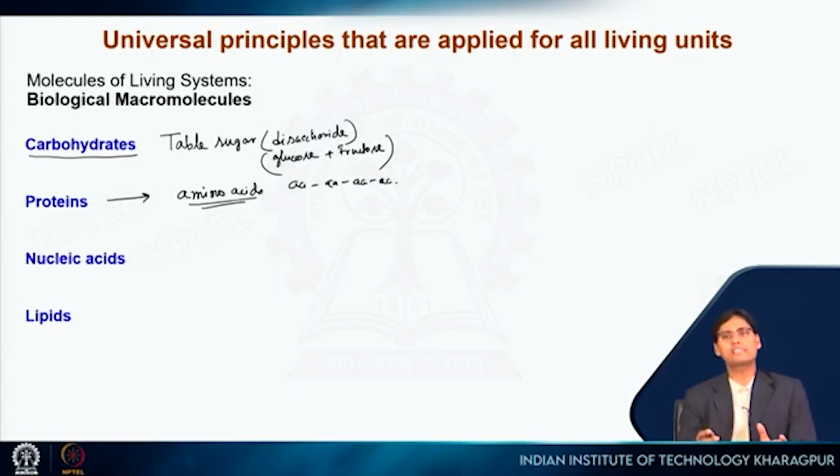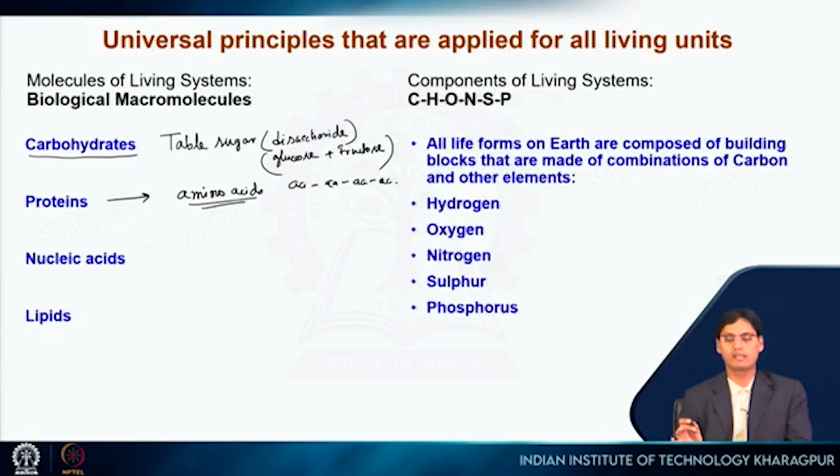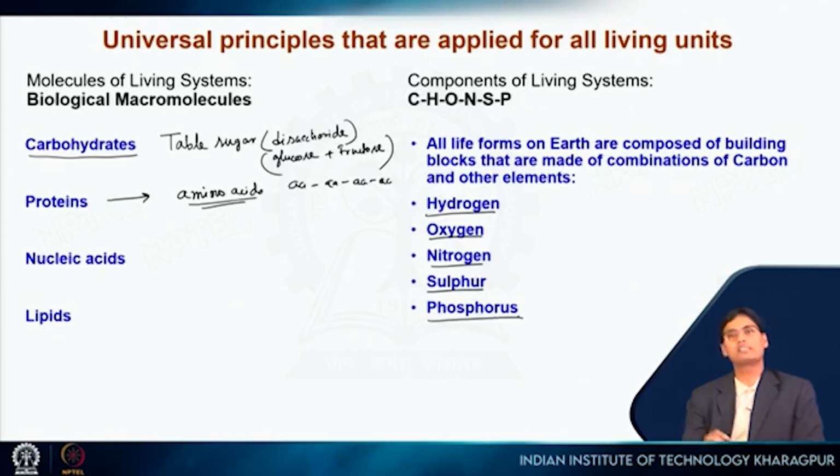As a result, if you see these biological macromolecules, their basic structure is the same, whether you are taking a protein, nucleic acid or carbohydrate from bacteria or plant or from human. Their basic architecture is the same. And these components of the living system, whatever macromolecules I mentioned, have hydrogen, oxygen, nitrogen, sulfur and phosphorus. These are the major atoms present in these biological macromolecules.